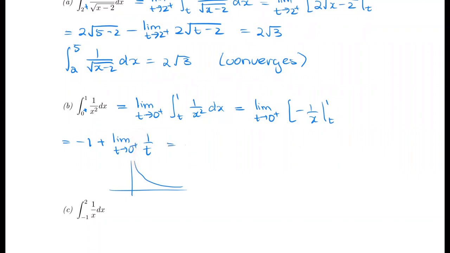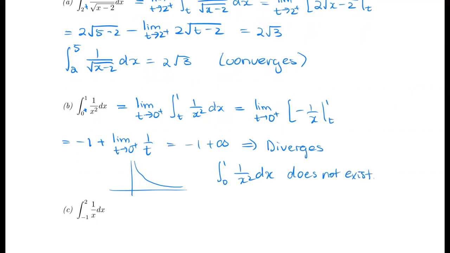So no matter what, we have, for example, negative 1 plus infinity, but obviously that is just going to be infinity. So that means the integral actually diverges, meaning that the integral does not exist. Okay, so that's the second example.